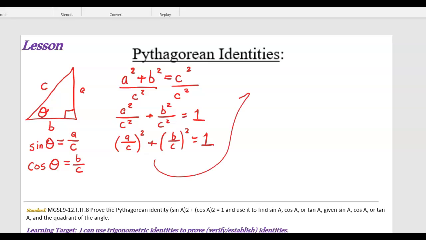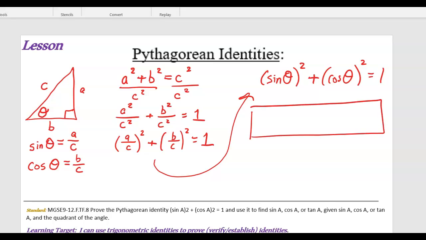So I make a substitution. I replace a over c with sine of theta. So I have sine of theta squared plus, and then b over c, I can replace b over c with cosine theta squared equals 1. And then that's generally not how you write a trig function squared.